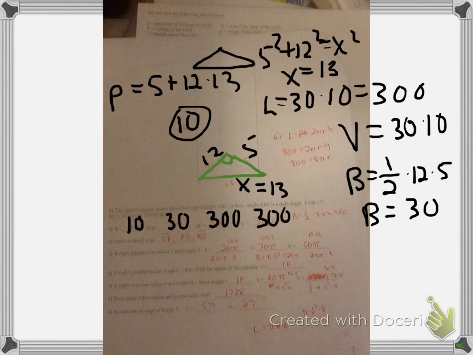Your next problem asks you for lateral edges. Now, I've got a green triangle up here in my picture, and I have a black triangle. The segments that run between those two bases, I'll highlight them in red. These three segments here, those are your three lateral edges.